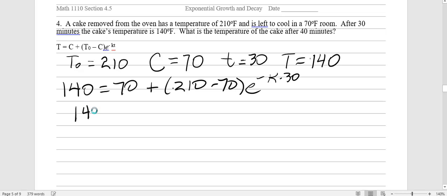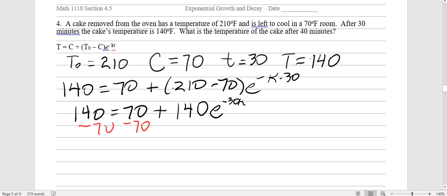So 140 equals 70 plus 140 e to the minus 30k. And again, our goal is to isolate the exponential. So first we subtract the 70 from both sides, and we obtain 70 equals 140 e to the minus 30k.